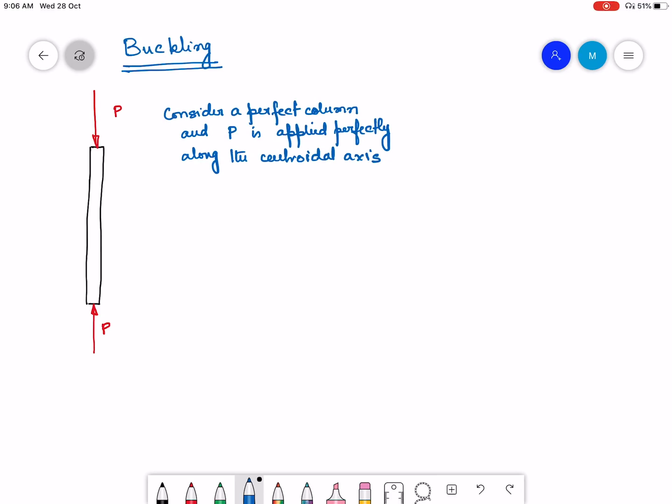If this is the condition we have considered, buckling will not happen, whatever large the value of P is.